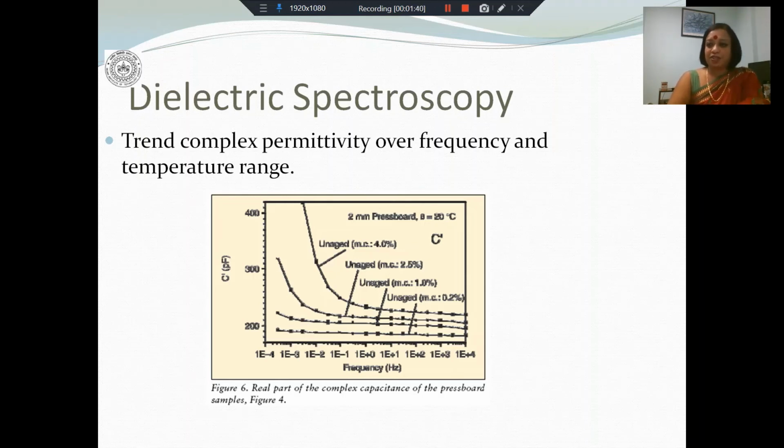Now, in dielectric spectroscopy, what we try to do is look at the trend that the complex permittivity follows over a wide frequency range. So how does the permittivity change with frequency, and how does it change with temperature? If the temperature changes, polarization mechanisms will change, and this will reflect in a change in permittivity.